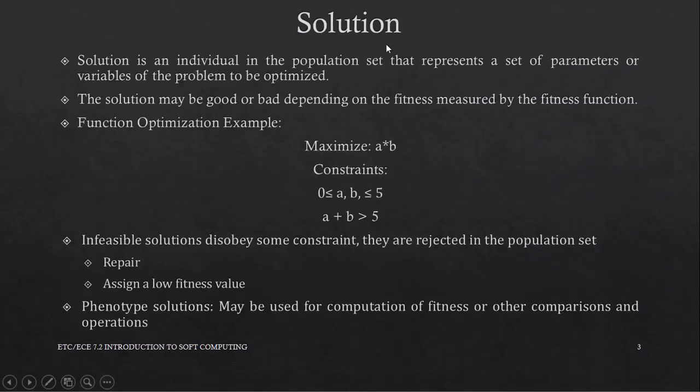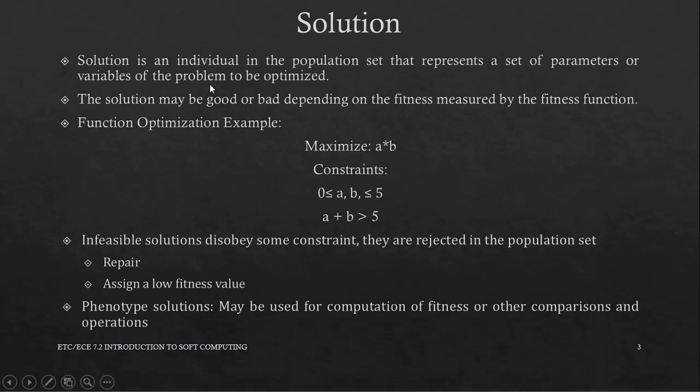The GA is applied to optimization problems, in which we are required to optimize an objective function by varying some variables or parameters. The real life problem first must be converted to this optimization problem before the genetic algorithm is applied over it.